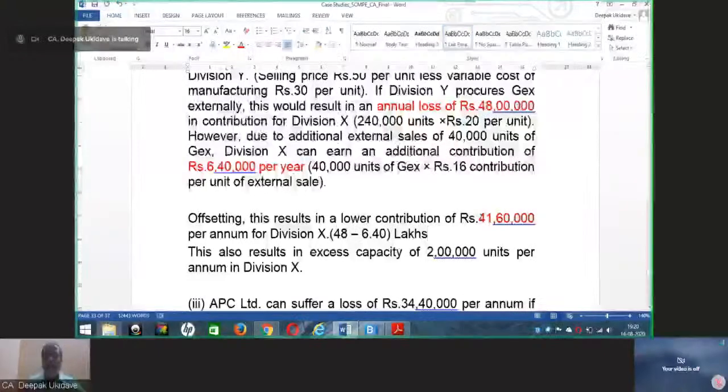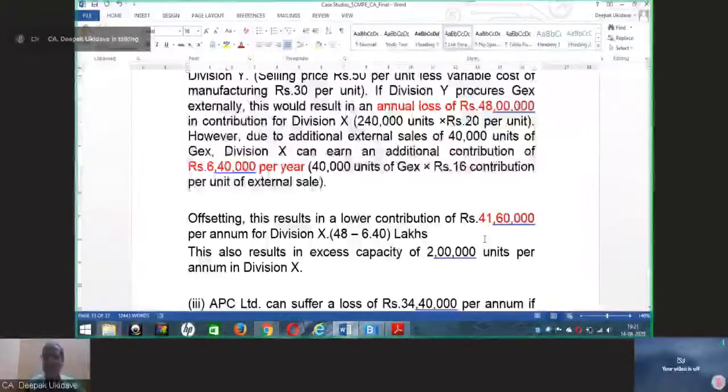So division X is making an annual loss of 48 lakhs because division Y does not purchase from them. So 20 rupees contribution per unit lost from 2,40,000 units, 48 lakh rupees lost, and against that it earned only 6,40,000 from sale to the external customer. So there is a net loss of 41 lakh 60,000. That is the reduction in profit.